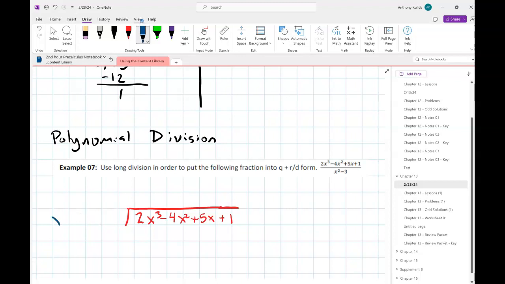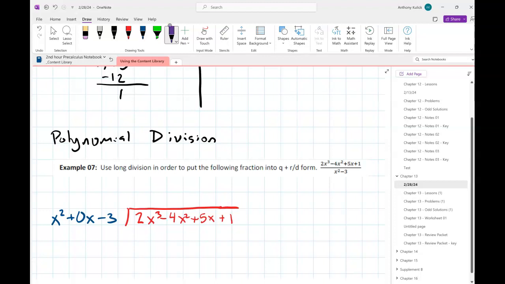So what I'm going to do instead is think about it as x squared plus 0x minus 3. I'm doing that so that when I do this division, everything lines up with like terms. I don't have to think too hard about it. I just write it down and put it in the right spot and it's good to go. Everybody's good?